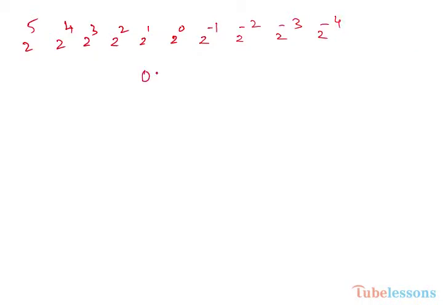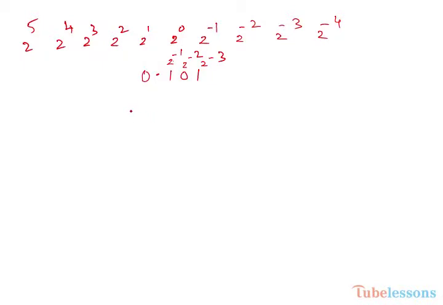So if there is a binary value 0.101, then the place value of this one should be 2 to the power minus 1, this one should be 2 to the power minus 2, and this one should be 2 to the power minus 3.